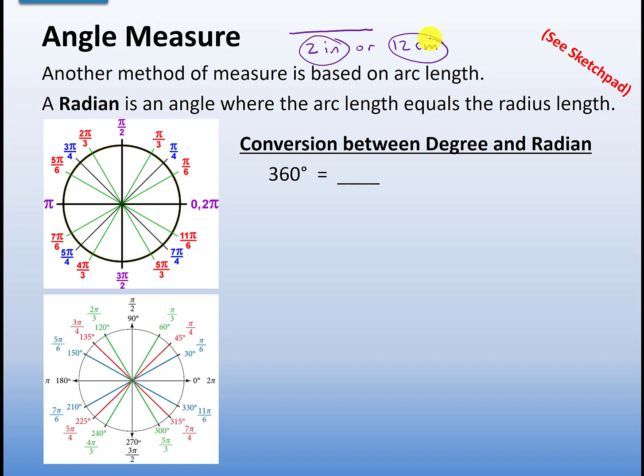So same is true with angles. When we measure angles, we can measure with an angle that is in degrees, or we can measure with an angle that is in radians. We have 2 ways to measure.